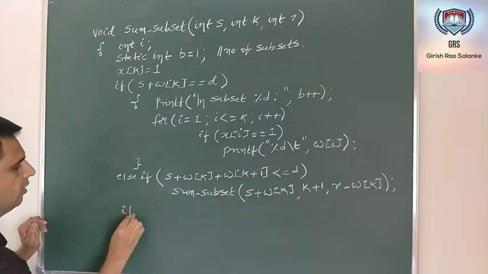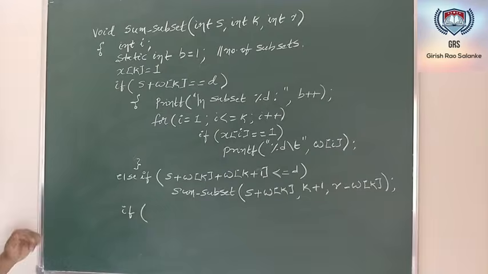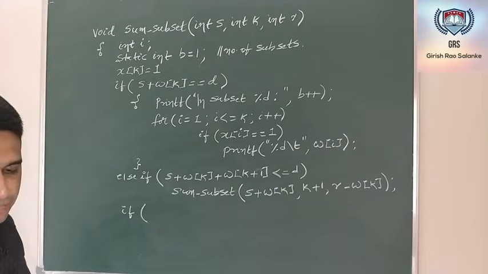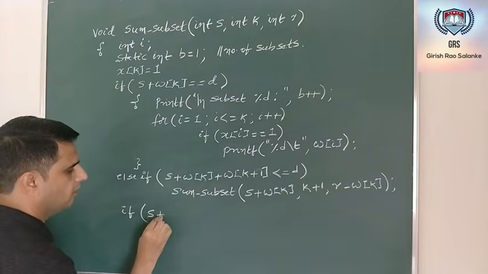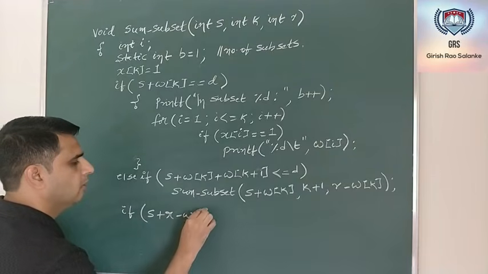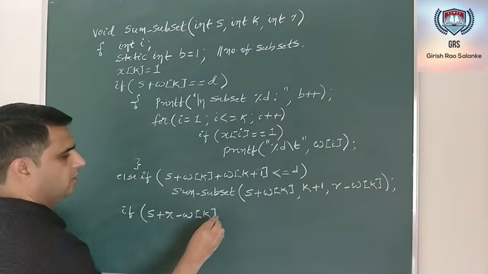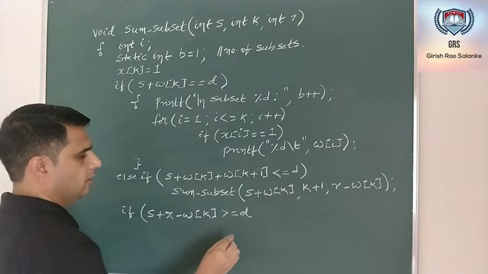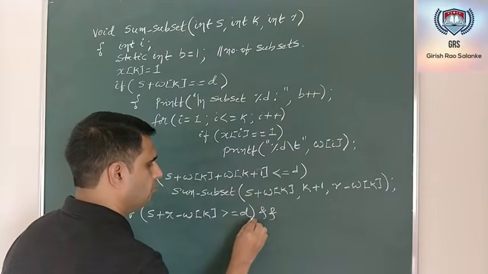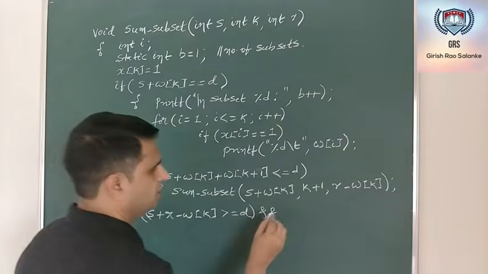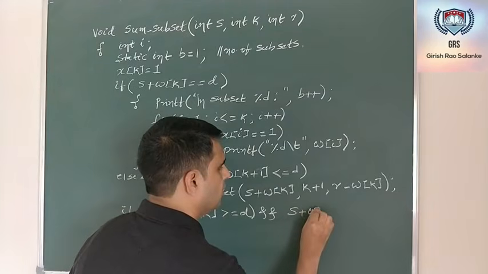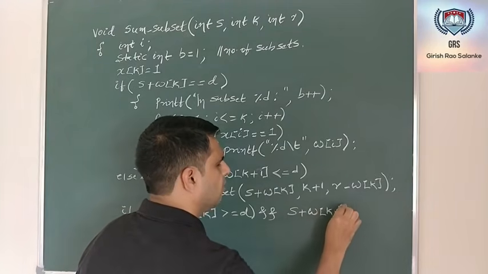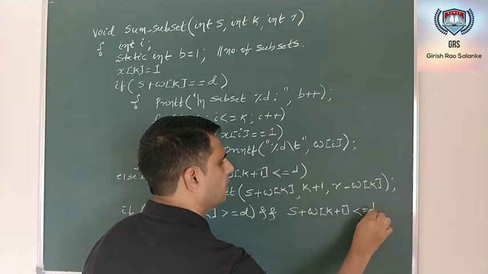If this condition is not true, there were two conditions. The first condition was s plus r minus wk greater than or equal to d, and the second condition, s plus w of k plus 1 less than or equal to d.